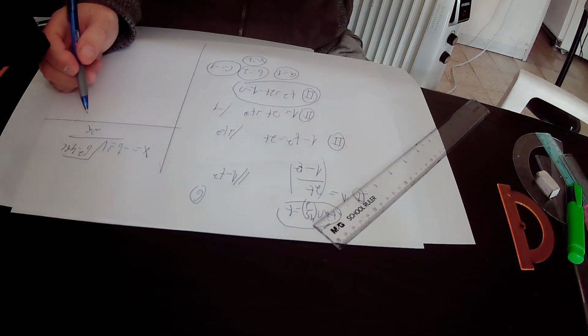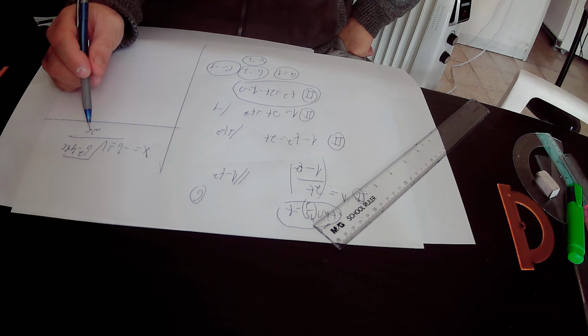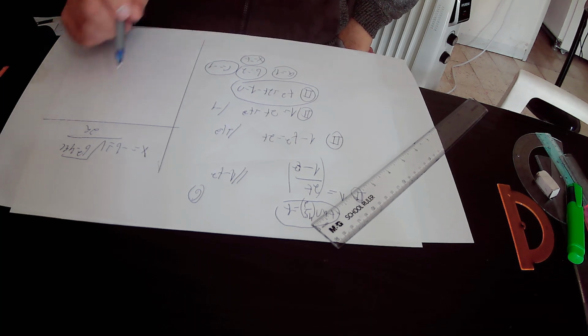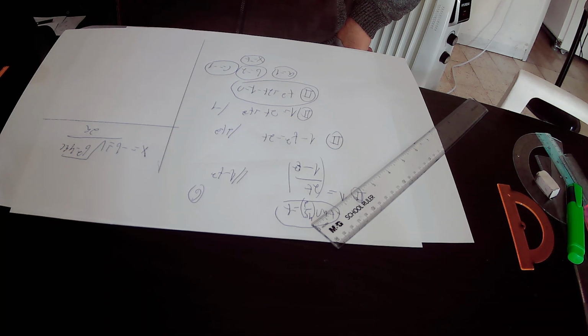Here a, b and c are the coefficients of the quadratic equation, and x is the variable that we are looking for. In our specific quadratic equation, x equals t.